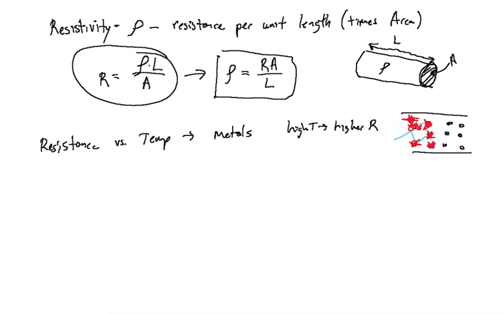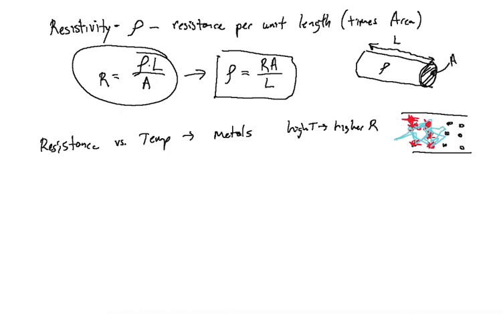They're going to get bounced around a lot, and it's going to slow down the overall progress of the electrons through the material. They're going to have a harder time getting through because they're getting knocked around rather than just lightly bumped around by the stationary atoms. And so the resistance is going to go up for metals. You cool a metal off, and the resistance goes down.